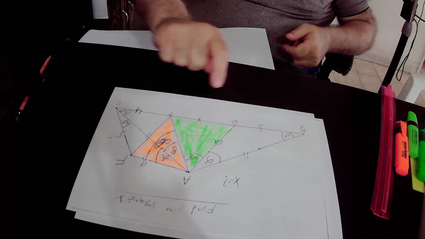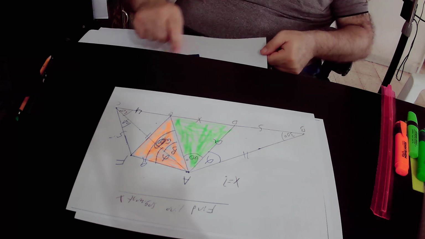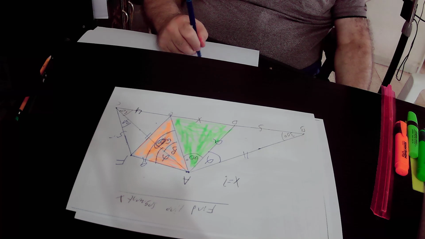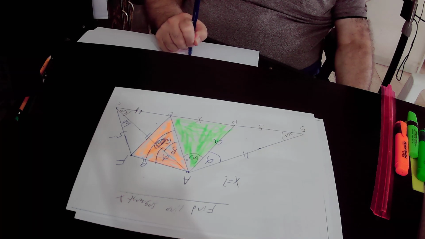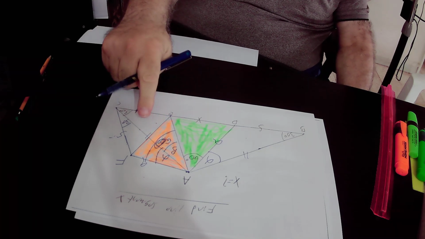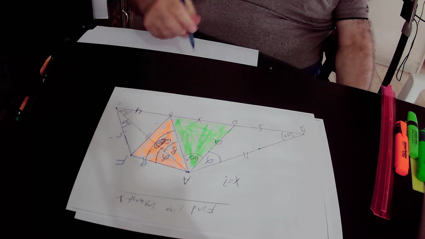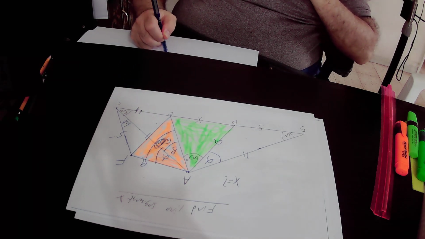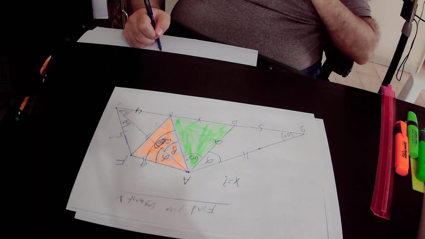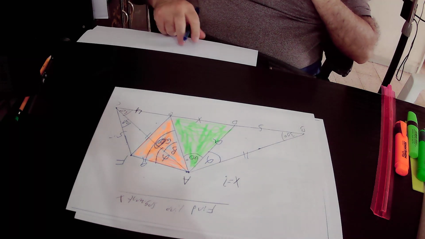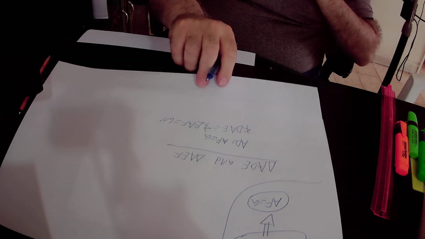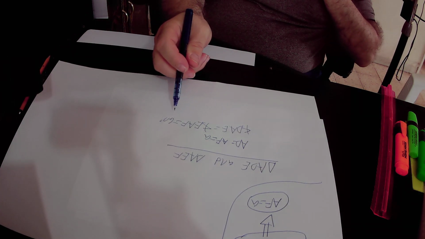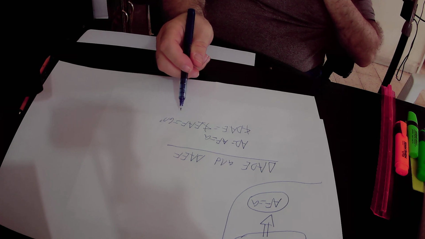So angle DAE, this angle, equals this angle, which is actually angle EAF, and they are both equal to 60 degrees, therefore they are equal to each other. I'll repeat again. Angle DAE equals angle EAF. They are both equal to 60 degrees, therefore they are equal to each other.